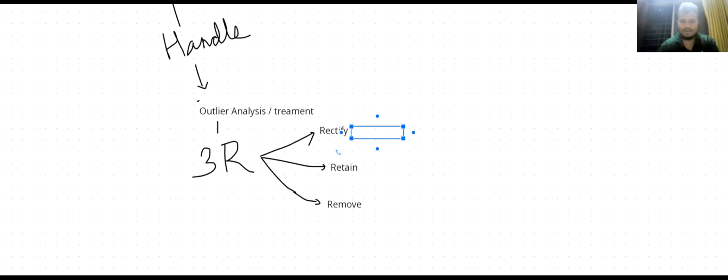So rectify means by mistake you have entered this data. For example, there is some department in data entry, and he might be working continuously for 8 hours. So what happened? He might feel drowsy and he just slept. He slept and missed entering some data, or instead of 199, he wrote 1999.